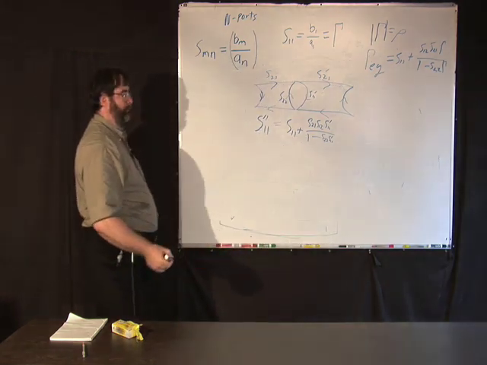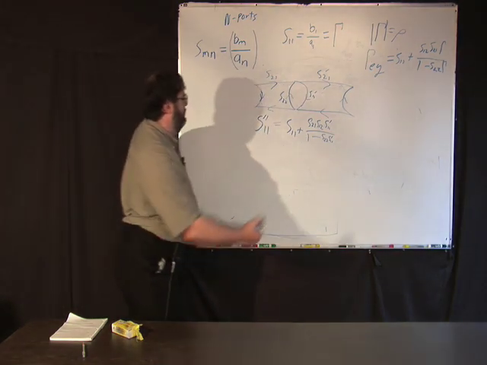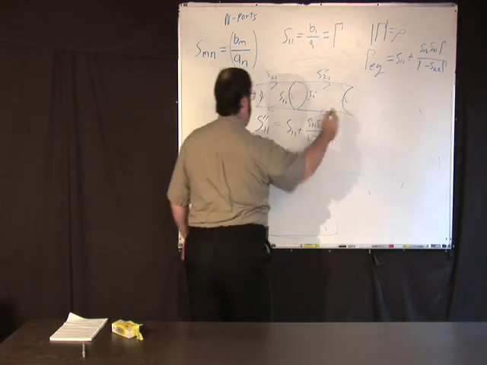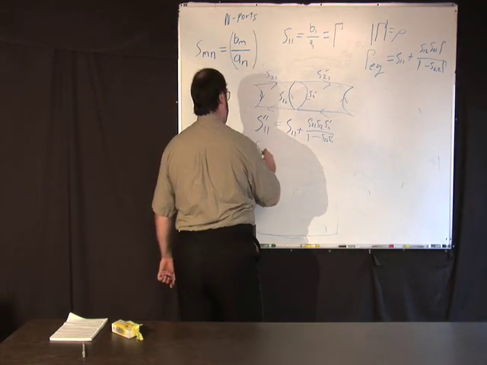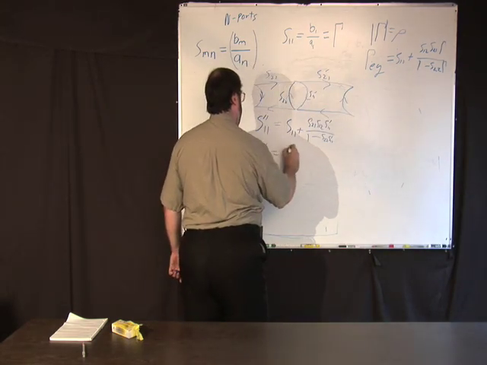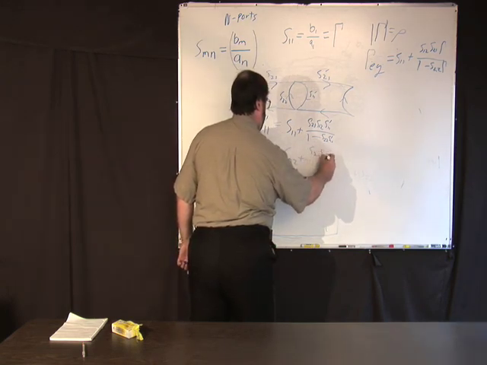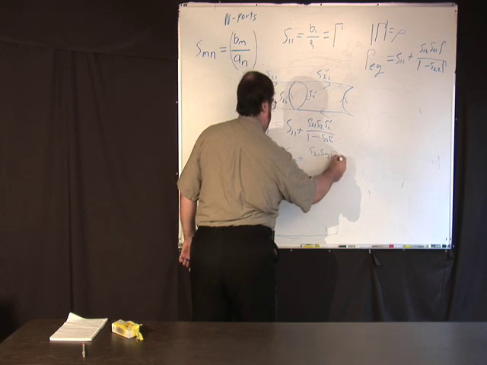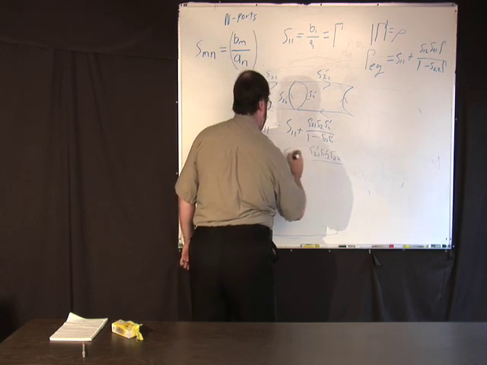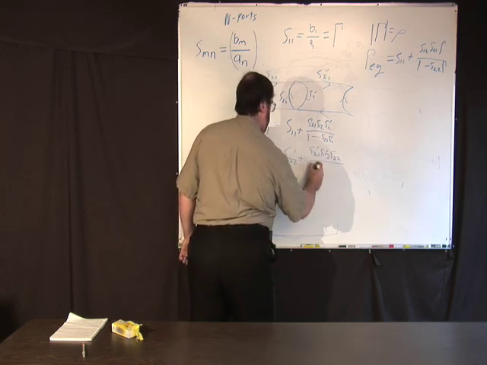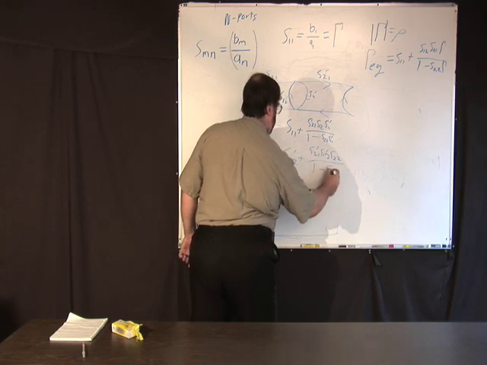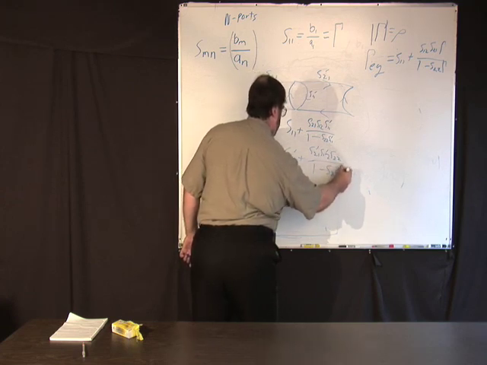Okay, that's the easy one. Looking into this way, S22, exactly the same thing. We know how to do that already. S22 double prime equals S22 prime plus S21 prime, S12 prime, S22 over, sorry, these are all prime, 1 minus S22, S11 prime.